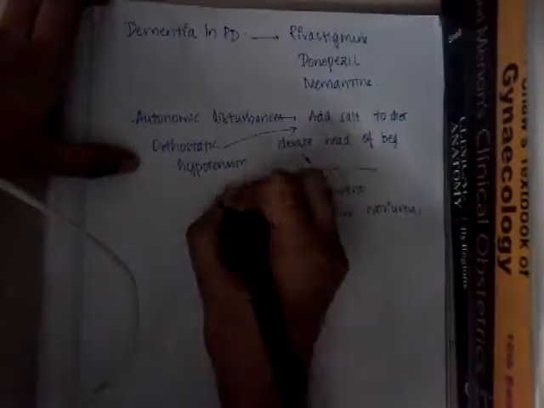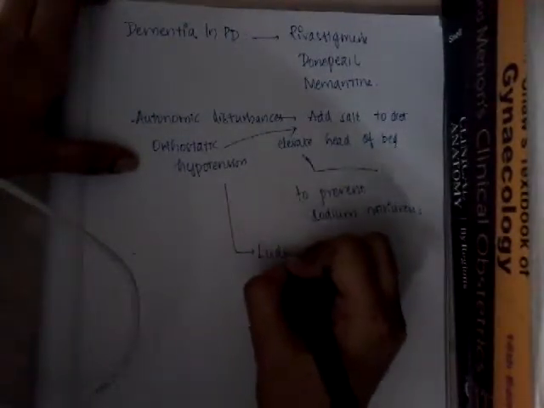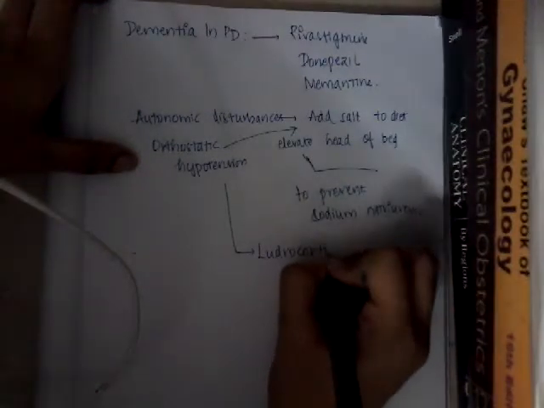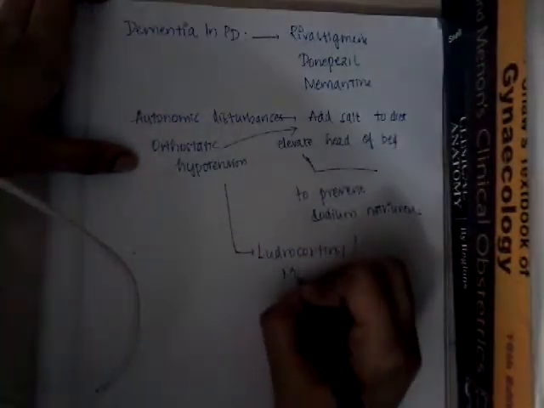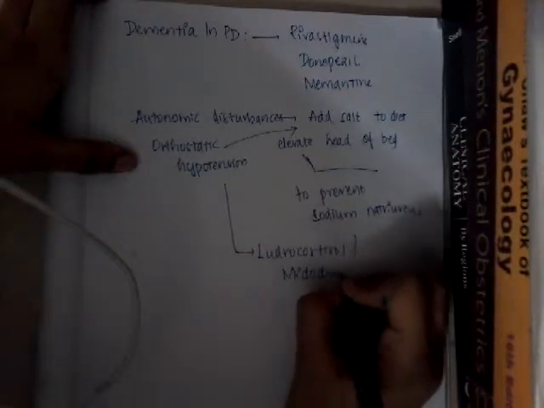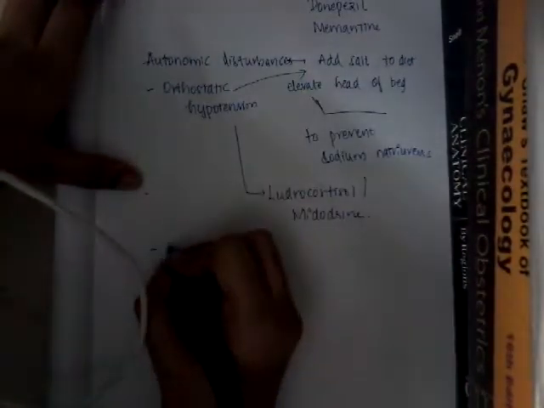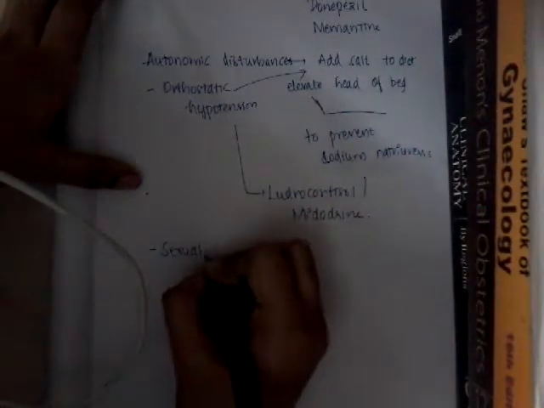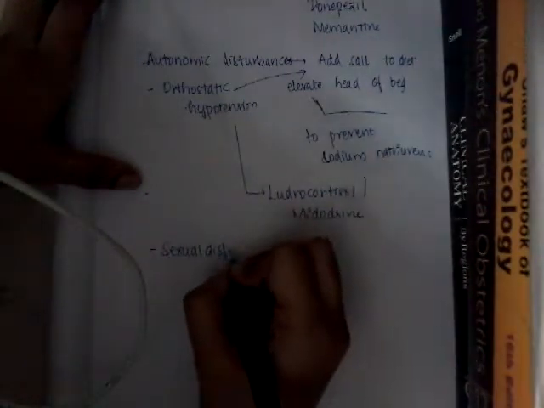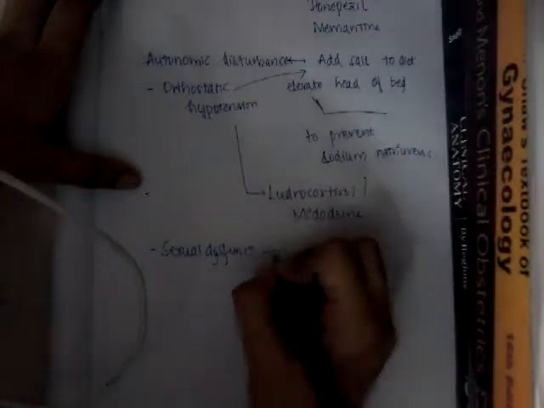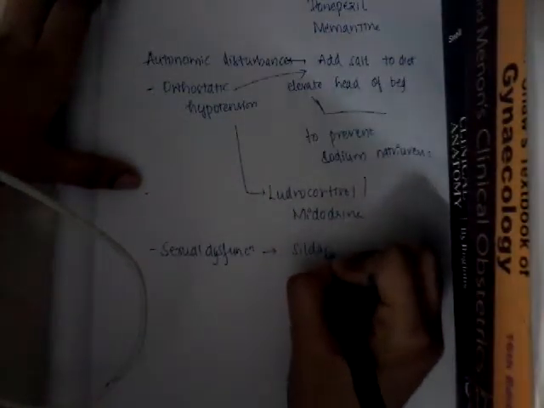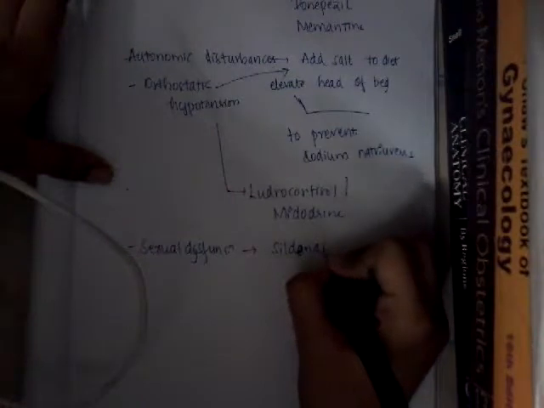And in some cases, we can also give hydrocortisone or midodrine, right? In orthostatic hypotension, and also sexual disturbance can occur due to autonomic disturbances. In sexual dysfunction, you can use drugs like sildenafil or tadalafil.